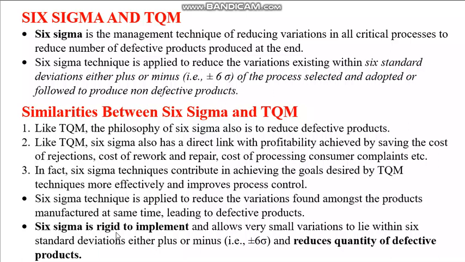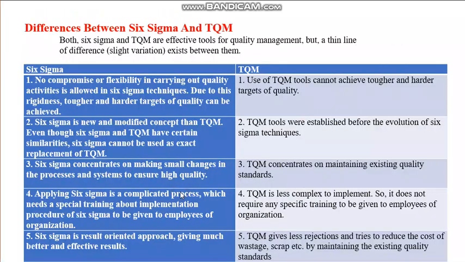There is not much flexibility given. You have to maintain the process in such a way that these deviations fall within Six Sigma. Now next, let us see the differences between Six Sigma and TQM.